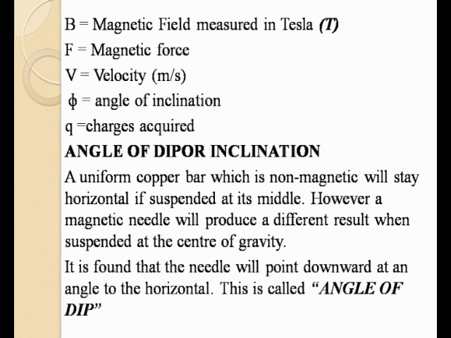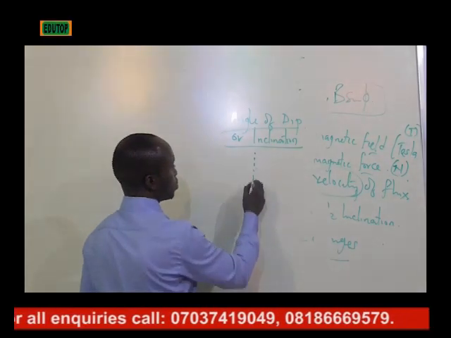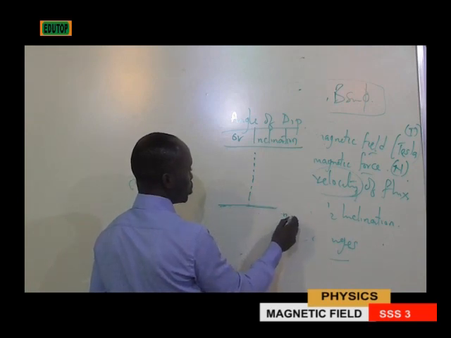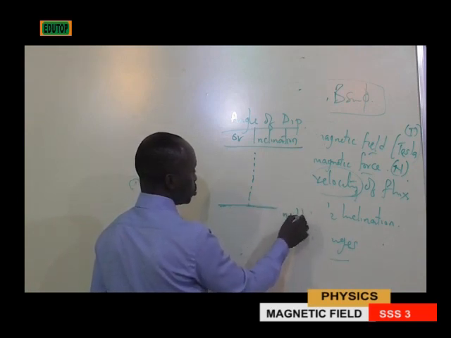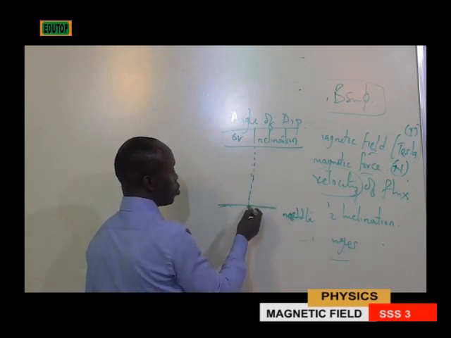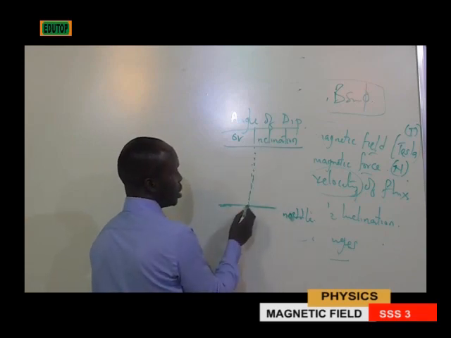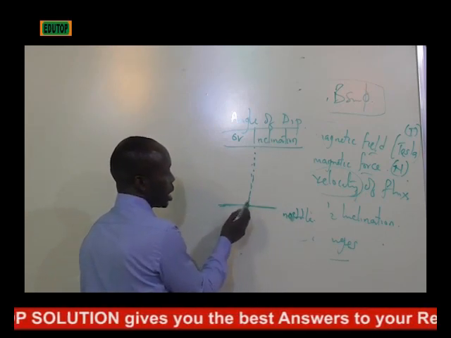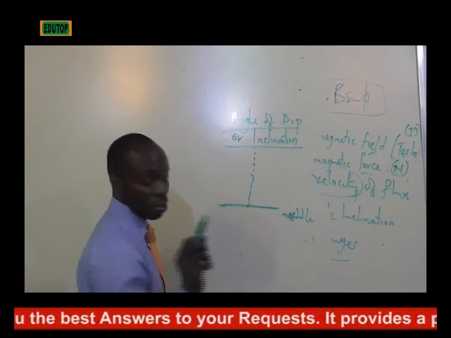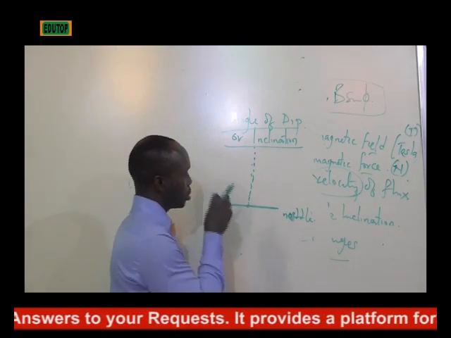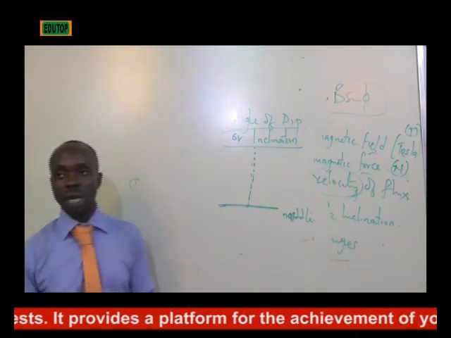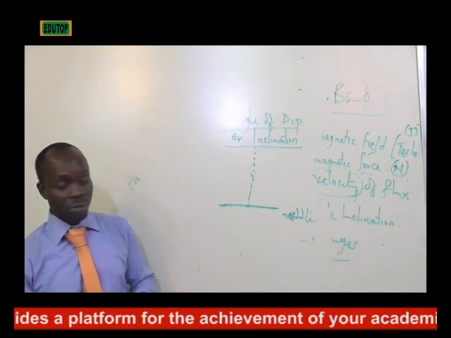If I have a needle and I take a small thread to hold it, and the point where I attach the thread is in the middle of that metallic object, the needle will be on a straight horizontal section. It won't flip to either left or right. It will be stable in equilibrium.